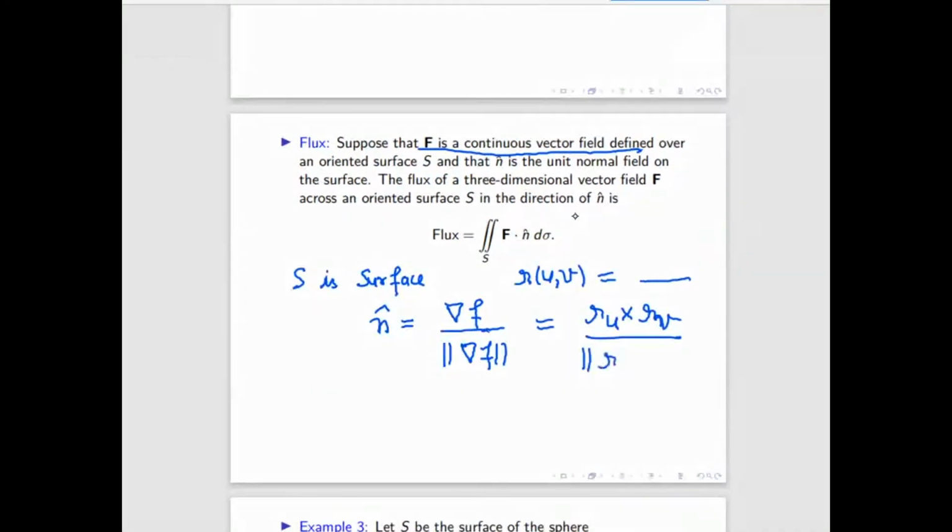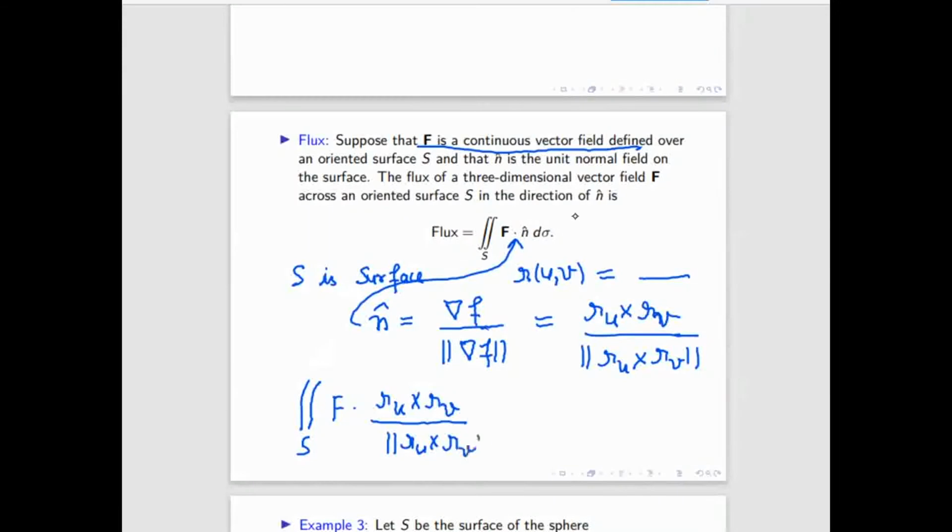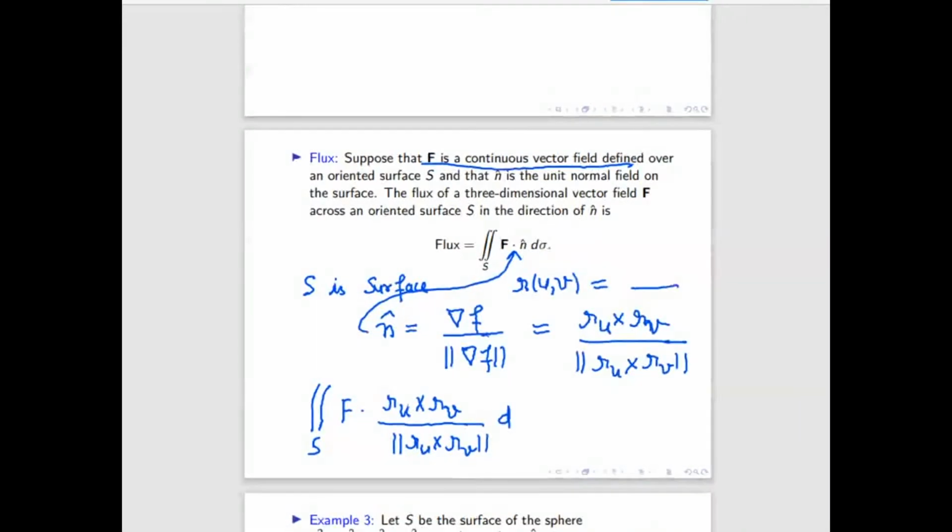So if you replace this in the flux, what will be the flux? It is the surface integral of F dot n, that is Ru cross Rv divided by its norm, d sigma. I just replace the normal formula in place of n.